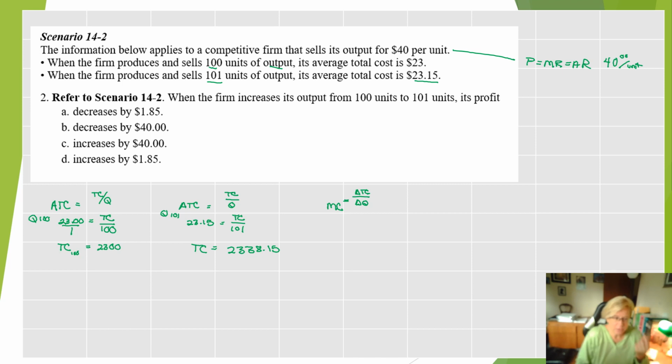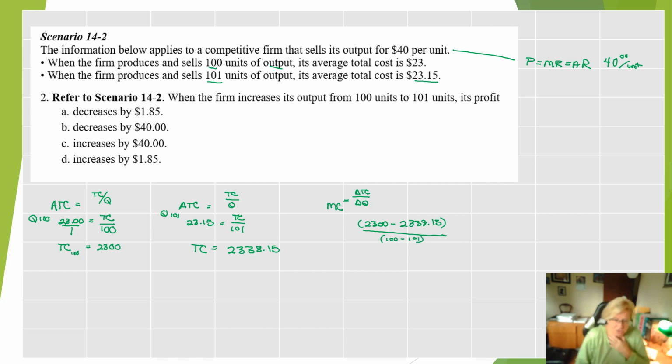So I take my original total cost of 2,300, look at the change to 2,338.15, and then divide that by the change in quantity from 100 to 101 units.